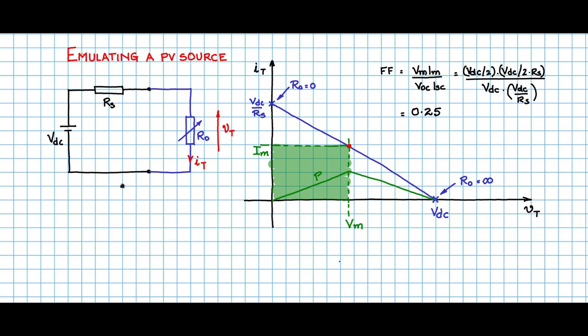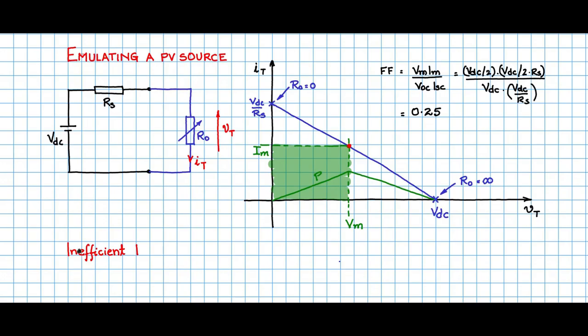This PV source emulator is very inefficient. Why is it inefficient? There is a current flowing through this, IT, and always there will be an IT into RS drop and an IT square into RS power loss in this resistance, and that will make it pretty hot.